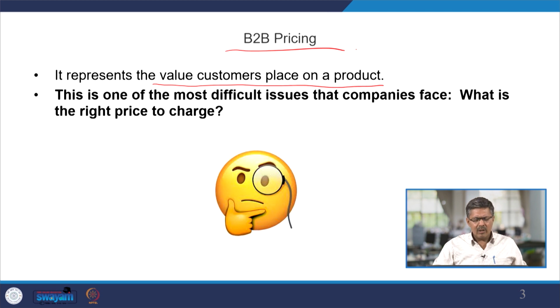Why? Because B2B products are a little different in nature, their characteristics are different. For example, B2B products are bulky, complicated, complex machineries, they are customized according to the design that is required by the customer. So there are several issues involved in the B2B product, right?